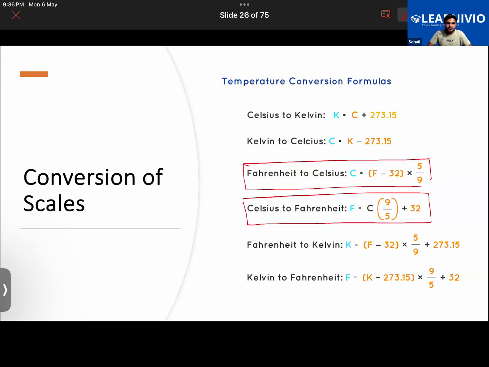Celsius, Kelvin, Fahrenheit. Very good. And the first question, what precautions would you be taking? This question is asked in the exam.